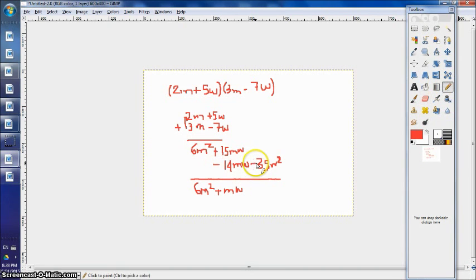I apologize, this was a subtraction over here because 5 times 7, 35. There's a negative sign over here. So this is negative 35. Okay, so that's basically how you multiply polynomials and monomials.